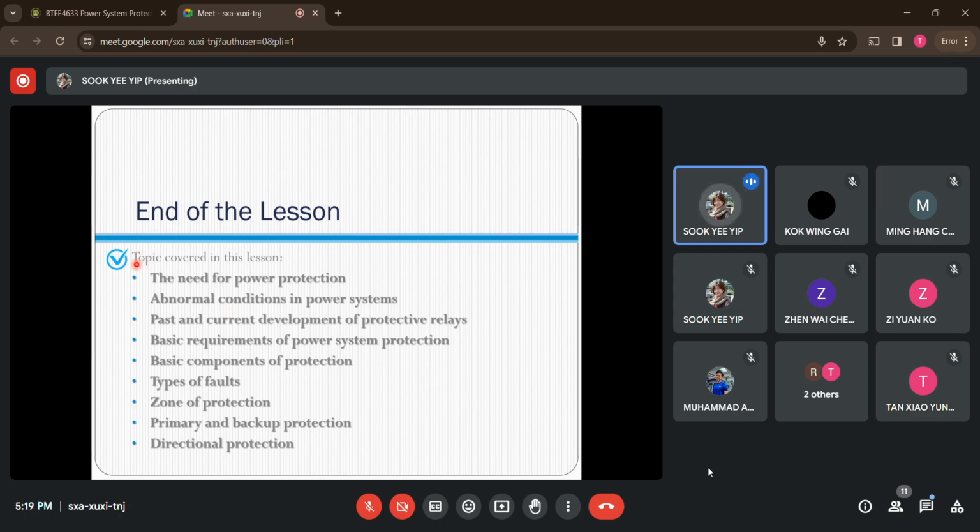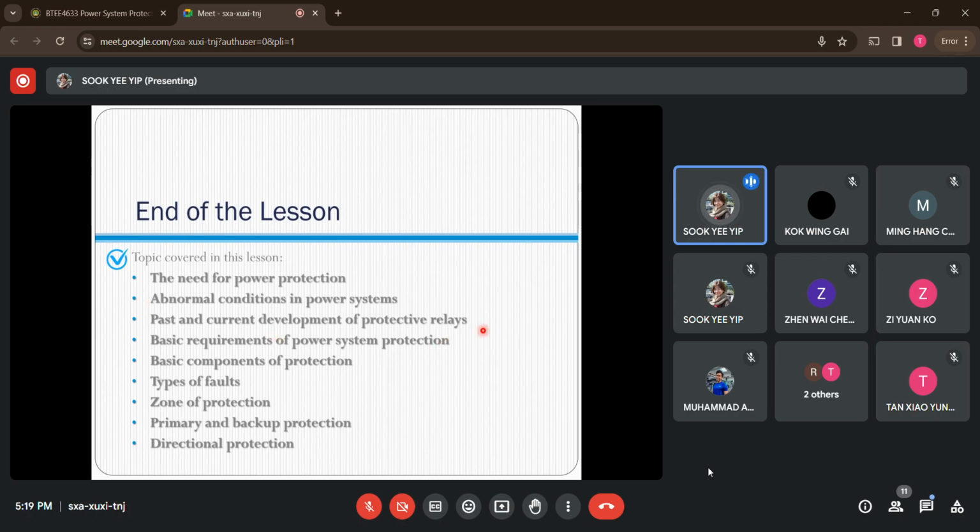We also have gone through the historical moments for the protective relay, what people have done in the past up to right now, so that whenever you want to do research in this area, you know where to start. That is on this topic. This is not so important, as mentioned last week.